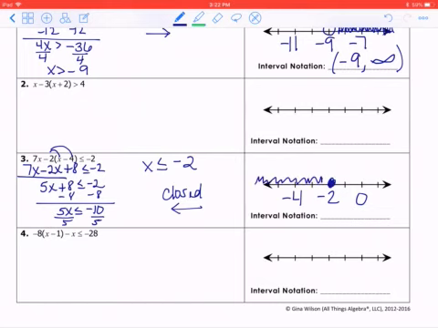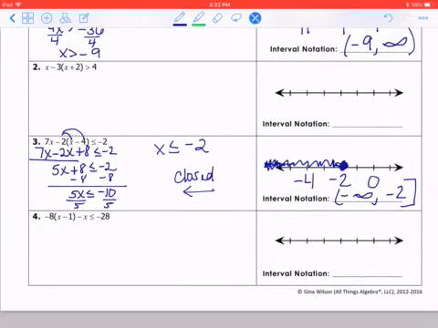Okay, so technically my starting point from interval notation is going to be somewhere out in here that goes on forever and ever, and that's represented by the negative infinity sign. But then it stops when I get to negative 2, and if it's closed, it deserves a bracket.